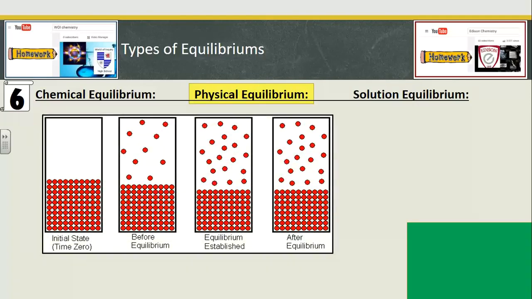After the equilibrium is established, some of the solid is turned into a gas, and we've got both condensation and evaporation happening all at the same time. The same number of particles stay as a gas, the same number of particles stay as a solid or liquid, but for every one that turns from a liquid into a gas, one turns from a gas back down into a liquid.